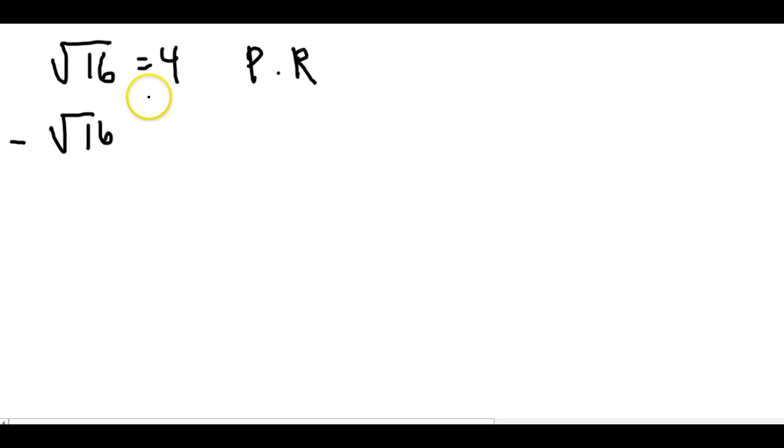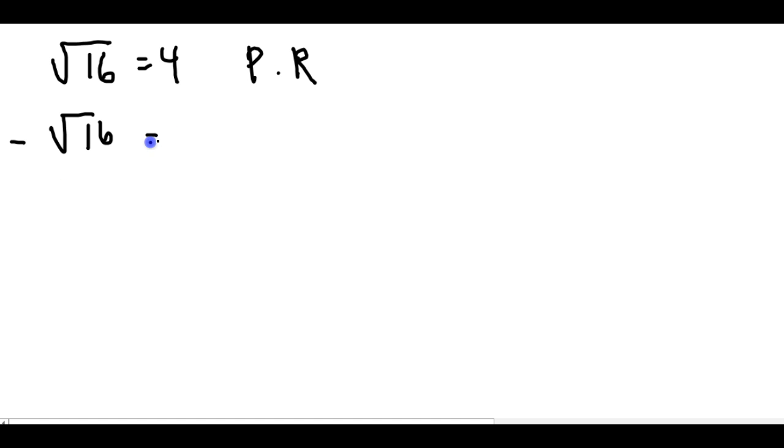Okay, so we said the square root of 16 equals 4, and that's our PR, our principal root. Now, if we have negative square root of 16, what this is saying is negative 16 is the opposite of the principal square root of 16.